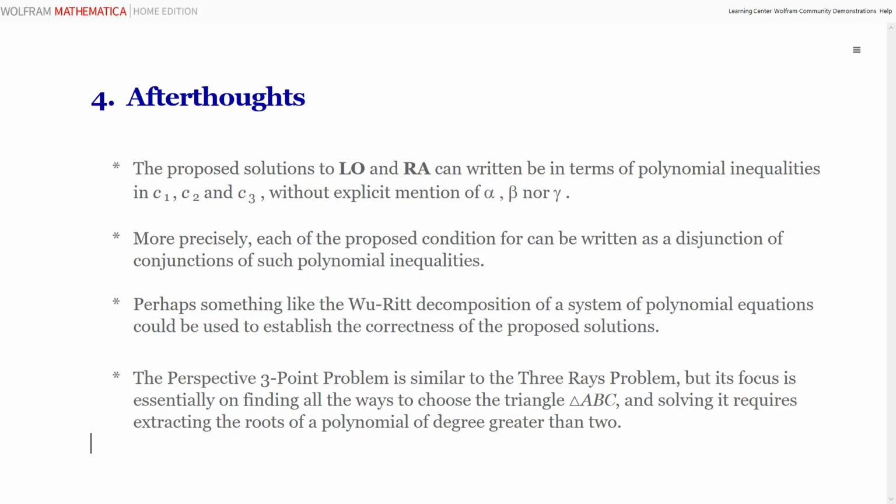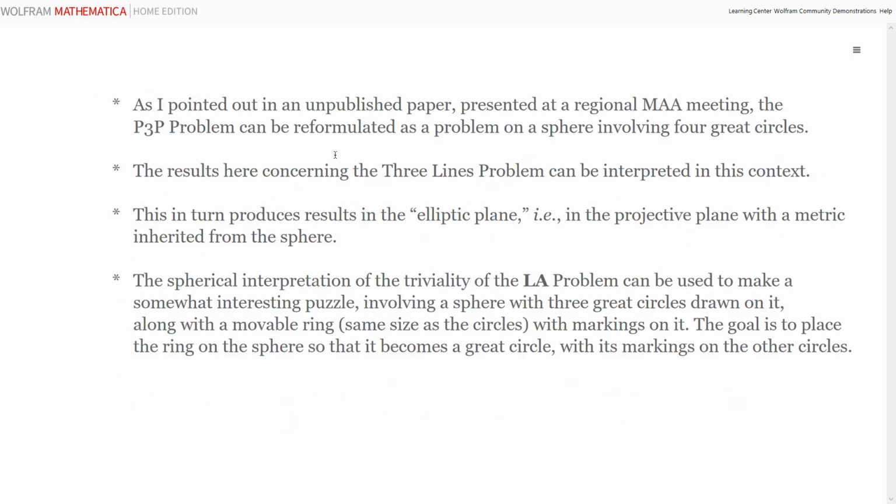Okay, let's move on very fast. A few years ago, I presented some slides at a regional meeting of MAA here in Iowa, and I produced the results that I had in a paper which never got published. But I worked with a student here at Drake, and I came up with this idea that I really like, that basically says that the P3P problem, which is a problem in three-dimensional space, can be reinterpreted as a problem on the surface of a sphere.